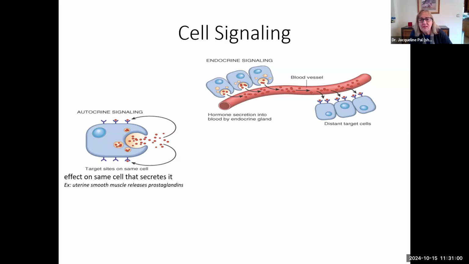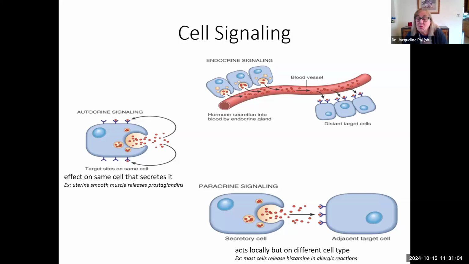And there's a third type of cell signaling, which is involved a lot in our GI tract, as well as, for instance, if you get bit by a mosquito. And that is paracrine signaling. Para means on the side of, so this means nearby target cells. For instance, we have these white cells which have moved into your local tissues.